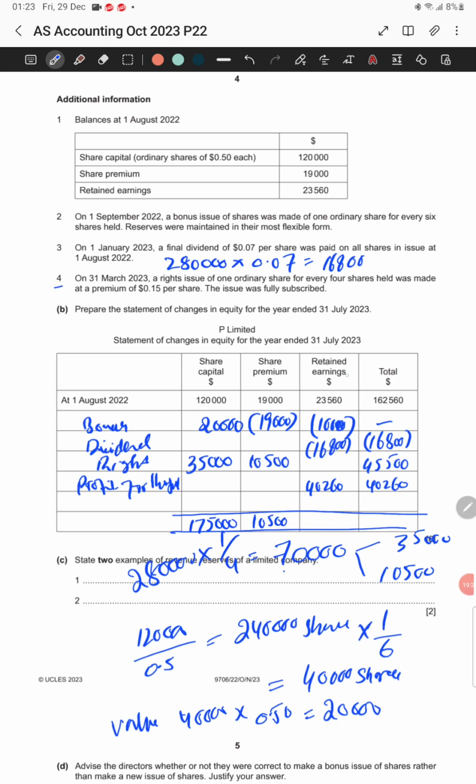Next retained earning is 23560 minus 1,000 minus 16,800 plus 40260, total is 46020. Total will be 231,520.